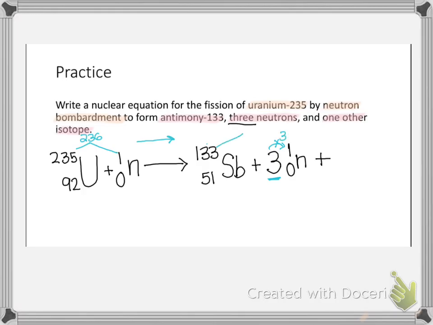So 133 plus 3 is 136, plus something I don't know. Okay, so if we look on the reactant side, it's 236. On the product side, it's 136 plus some number, so that number has to be 100, right? Because 100 plus 136 is 236. So the top number is going to be 100.